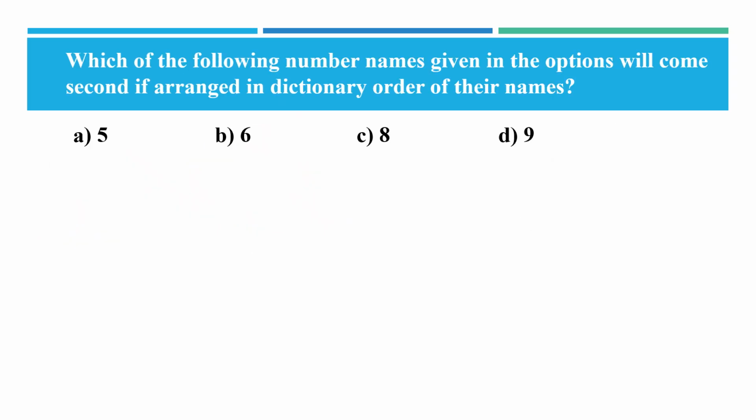Coming to the next question, which of the following number names given in the option will come second if arranged in dictionary order of their names? So let's note down the number names: 5, 6, 8, and 9.